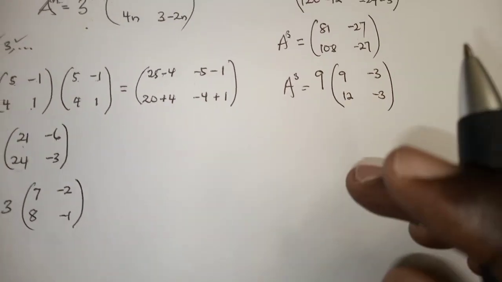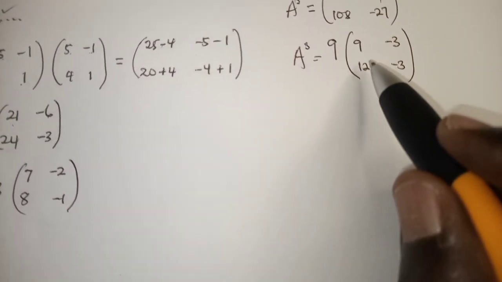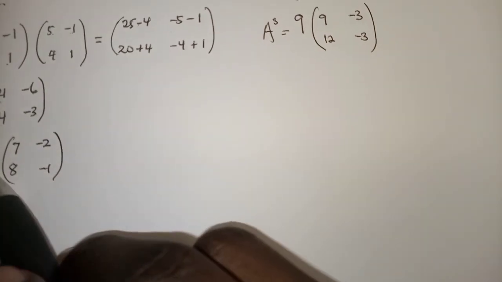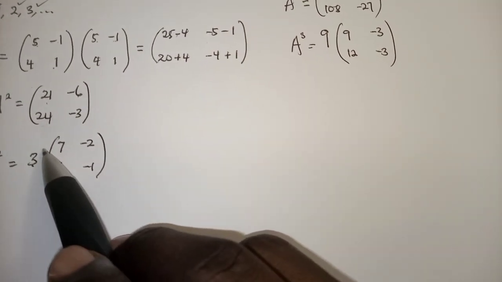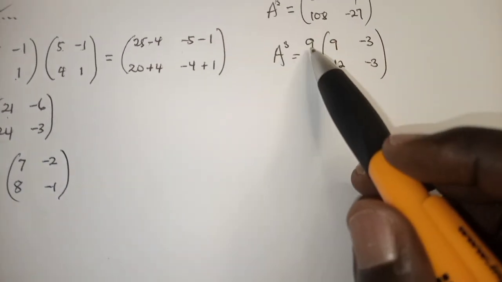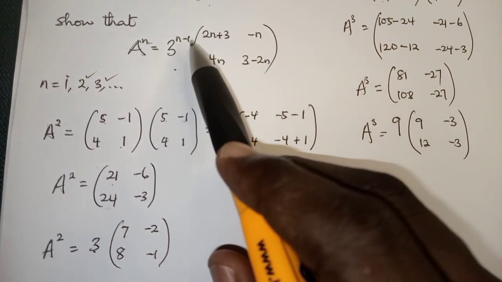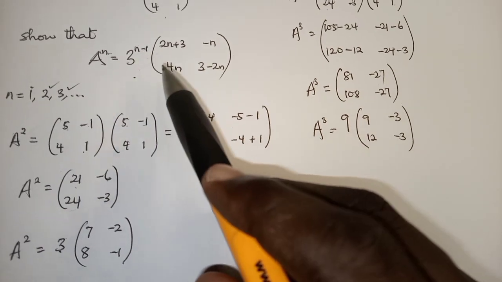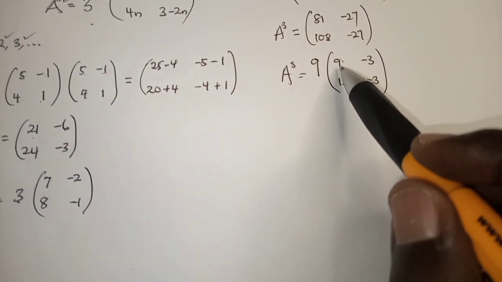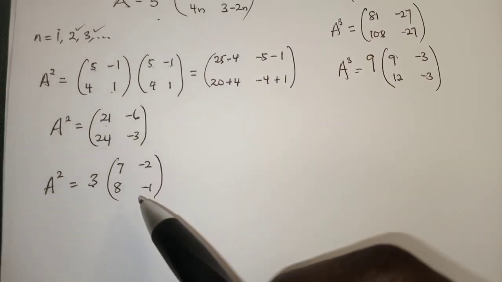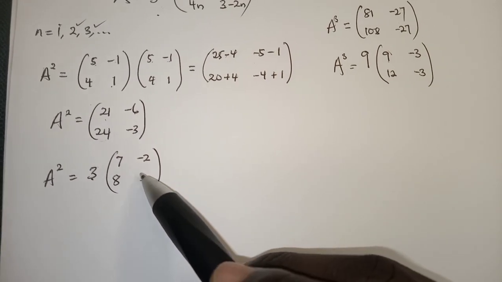Now from this we could see that 3 exponent 1, here the power is 1, and here the power is 2, 3 exponent 2, and it works perfectly, it matches. But how do we create a connection between this and the entries here?